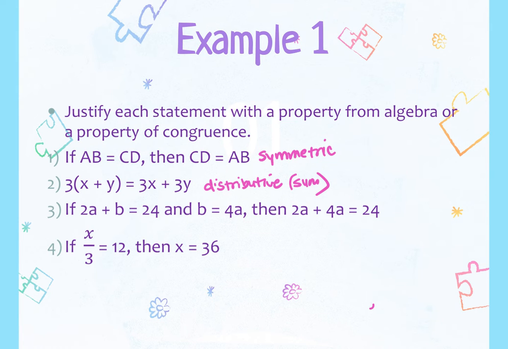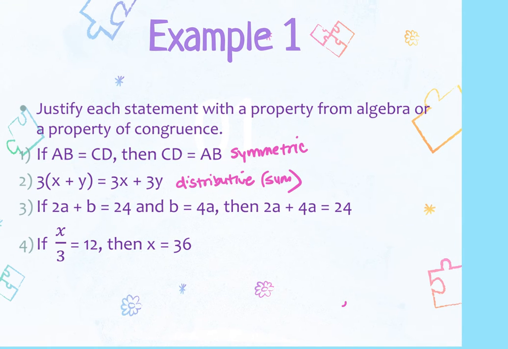All right, 3, if 2a plus b equals 24 and b equals 4a, then 2a plus 4a equals 24. What is that? I want to say transitive. Close. A transitive doesn't have a plus or minus statement in it.